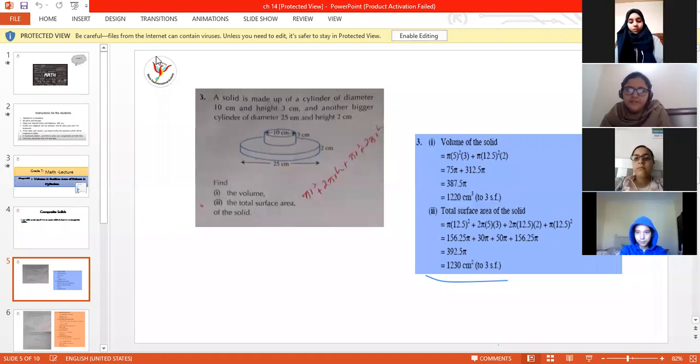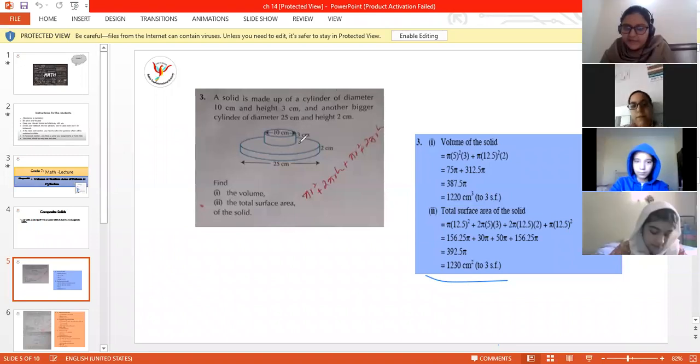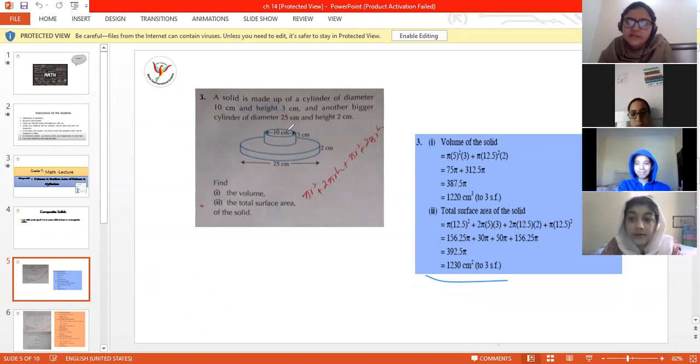Exercise 14D, question number 3. A solid is made up of a cylinder of diameter 10 centimeter and height 3 centimeter, right? If you can see from the figure, there is a small cylinder upward on the bigger cylinder, which has a diameter 10 and the height is 3.